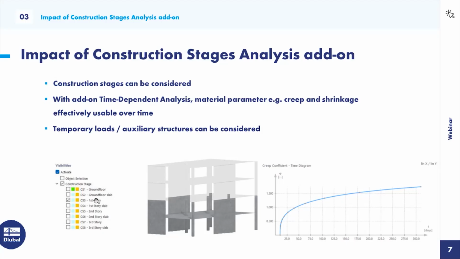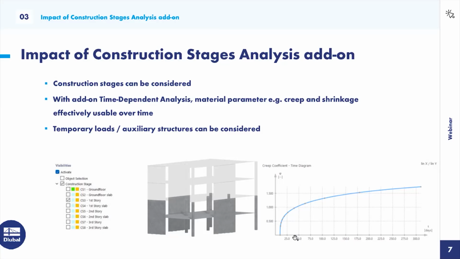So you have, in connection with the time-dependent analysis, the option to also consider the time, and that's very great because I'm from the concrete team. That's important. What I think about first is the material parameters, for example for creep and shrinkage.